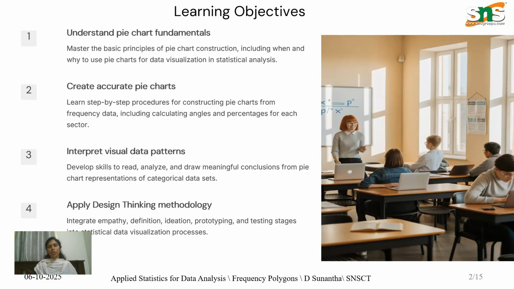Here we are going to see the step-by-step construction of a pie chart from raw frequency data. The data may be given in raw data form or in a percentile form. Then we convert that raw data or percentage data into a 360-degree format, which can be incorporated into a pie chart.